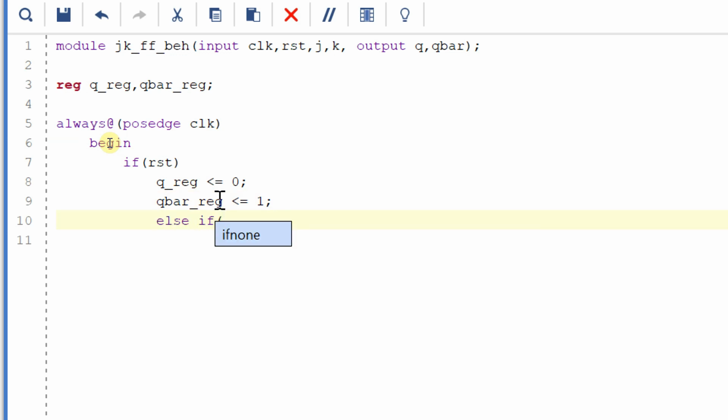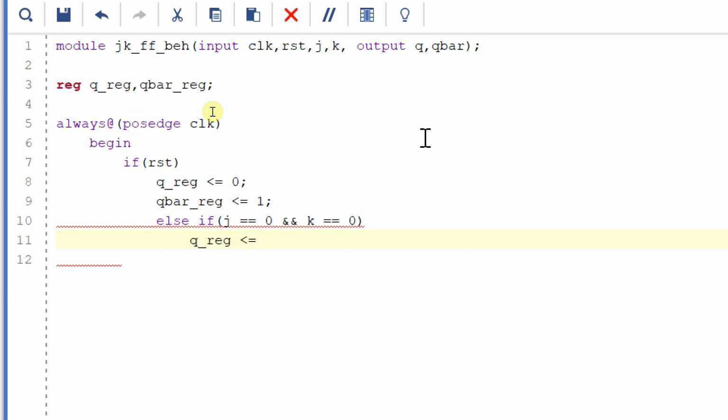Else if j is equal to 0 and k is equal to 0, then q_reg will be equal to q_reg.